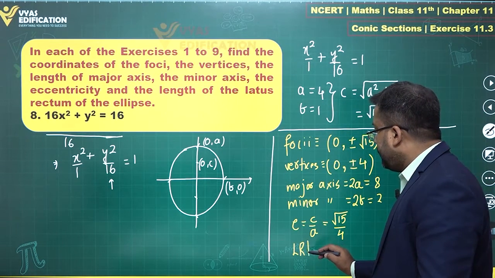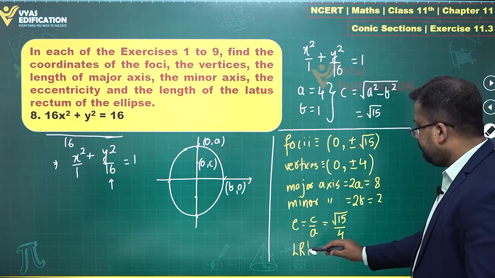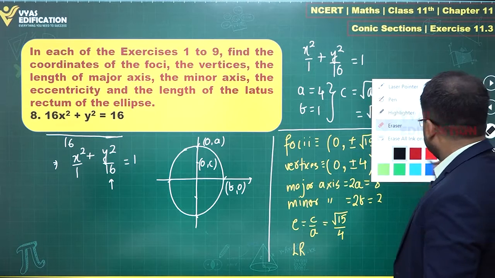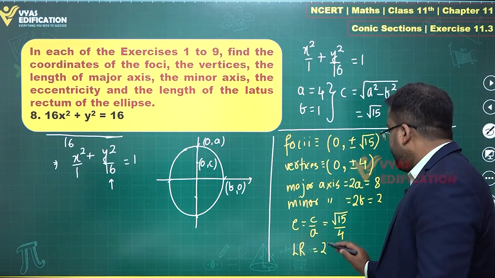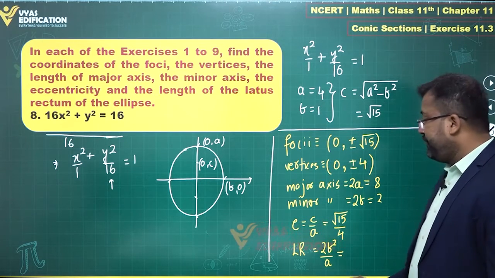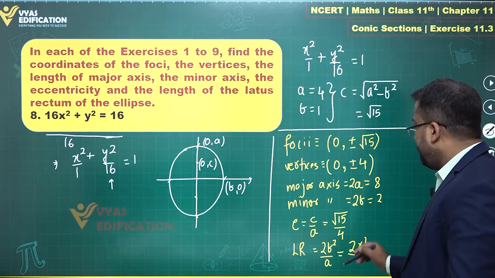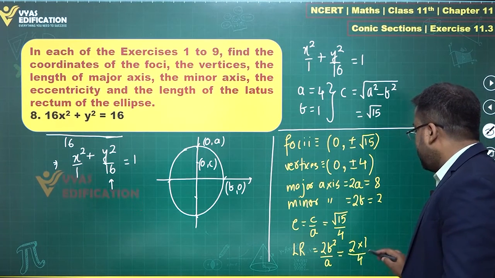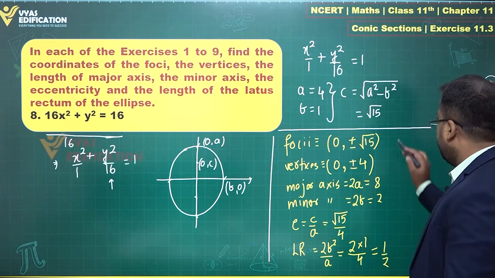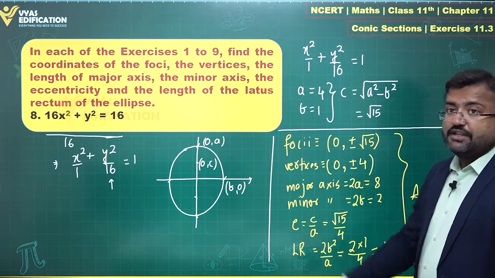Latus rectum, the length of latus rectum will be 2b square upon a, which is equal to 1 by 2.